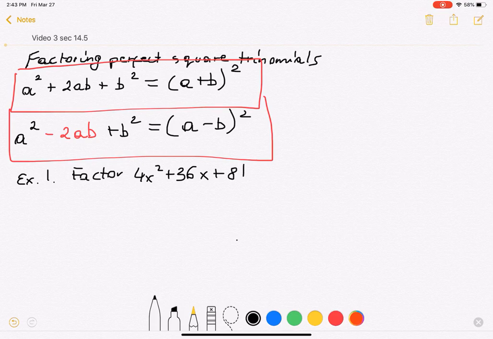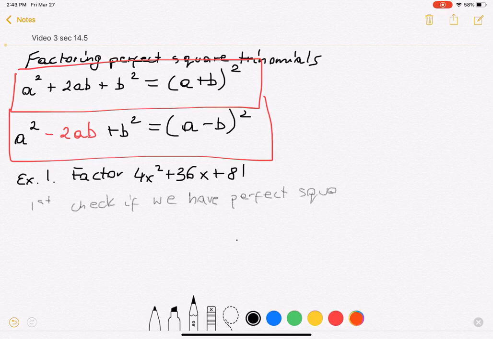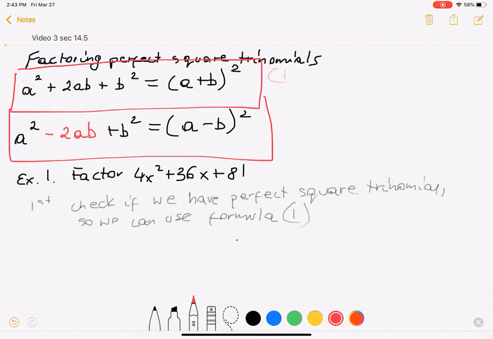First, what you want to do here is check if we have a perfect square trinomial. So we can use formula 1. I'll put 1 next to it.